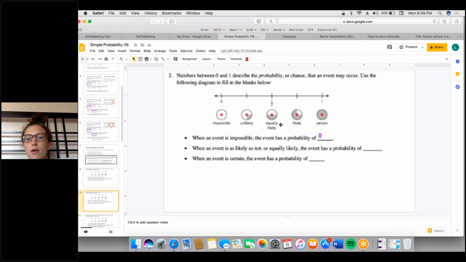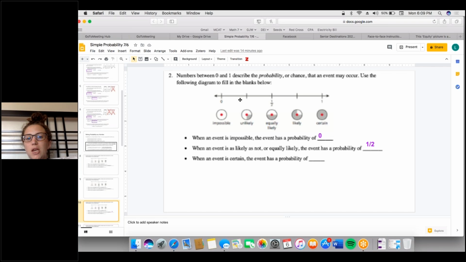If an event may or may not happen, if you look at this middle circle here where half of it's shaded and half of it's not shaded, when they're equally likely, that's a probability of 1/2. And you can think about that as being equally between 0 and 1. And lastly, when an event is certain, when an event will absolutely happen, it's going to have a probability of 1. You might have seen this before as 100%, but if you wrote 100% as a decimal, that would also equal 1.